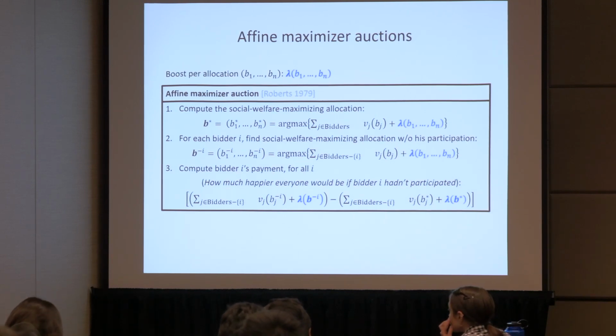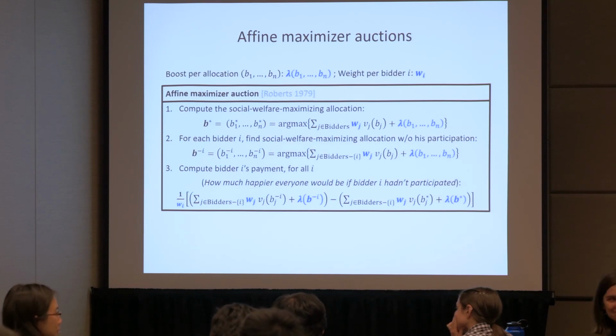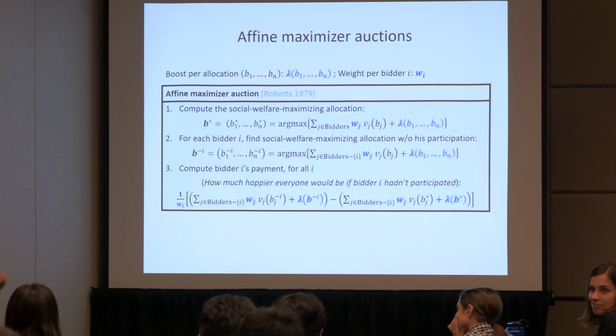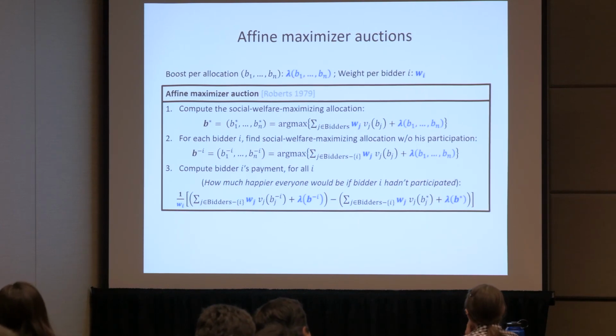Furthermore, I can multiply the bidders' valuations with different bidder-specific multipliers, w. So I'm going to say, okay, Sven, I'm going to listen to his valuation more than I'm going to listen to Nickel's valuation, and so forth. Now I have even more knobs to tweak. So I have exponentially many knobs here, the lambdas, and a linear number in the number of bidders, the w's.